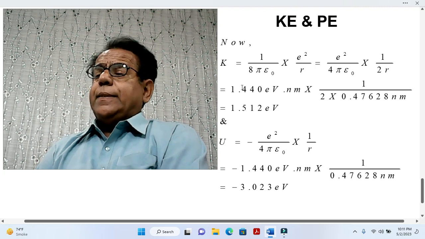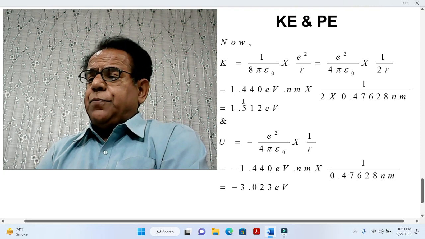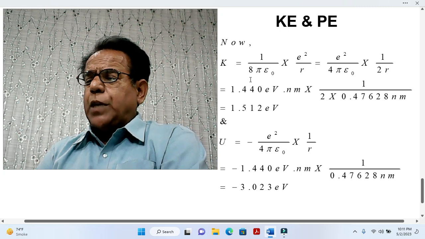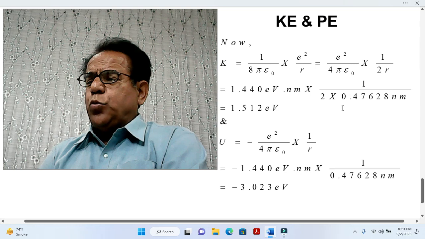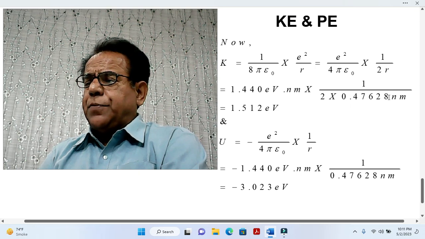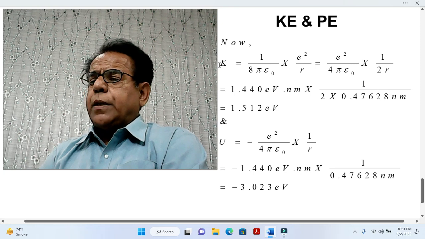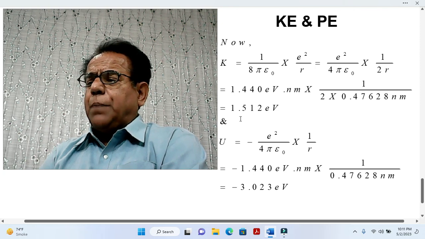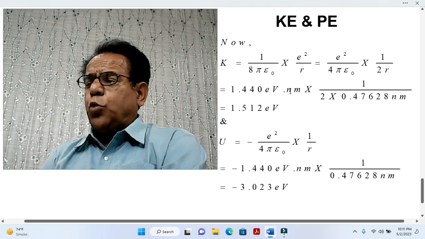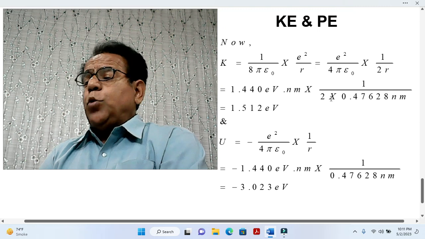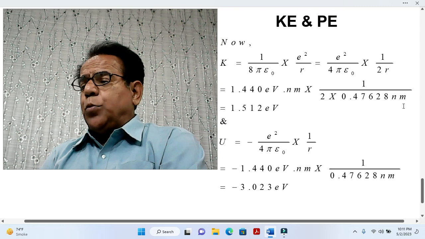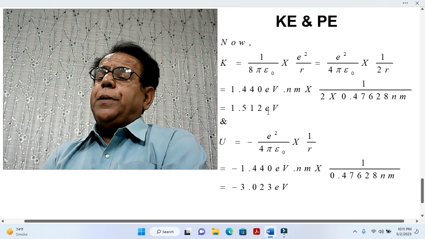In the next step, in place of this we will use this value from the table, and in place of this we will use the value of R which we calculated in the previous step. So kinetic energy K will become equal to 1.512 electron volt, because nanometer will cancel with nanometer and our answer will be in electron volt.